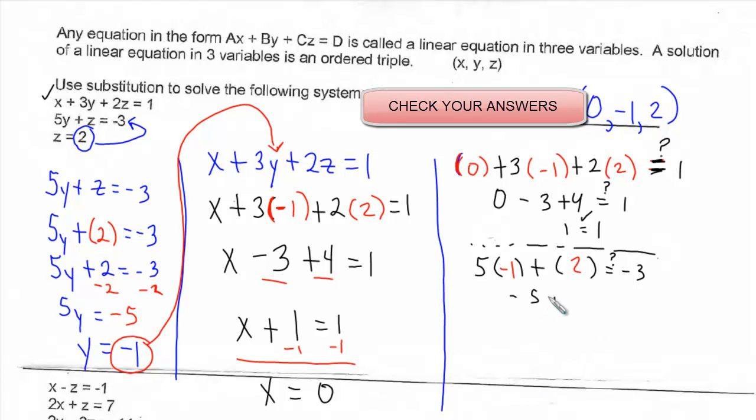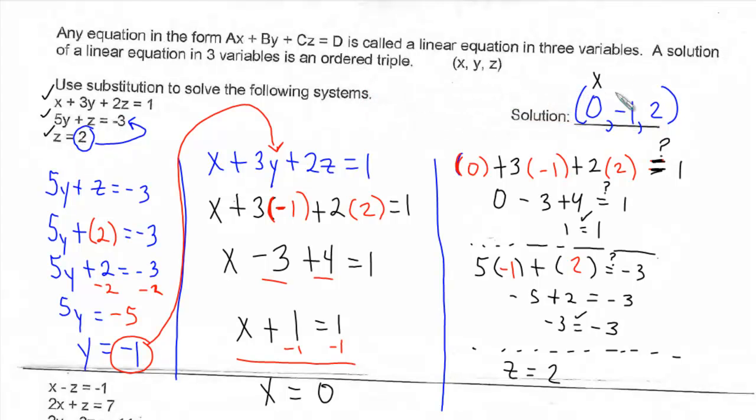We get negative 5 plus 2 is equal to negative 3. So negative 3 is equal to negative 3, and this checks. Last equation, z equals 2. That one's already done. So the variables x, y, and z are 0, negative 1, and 2.